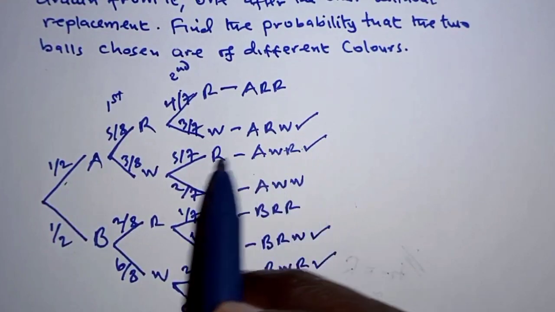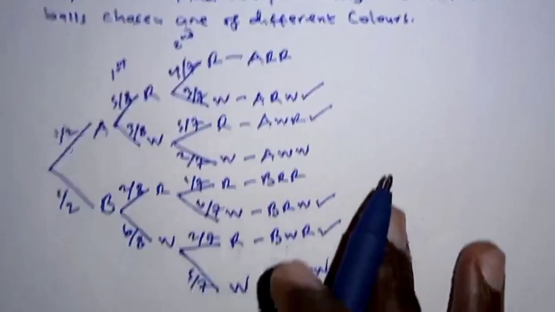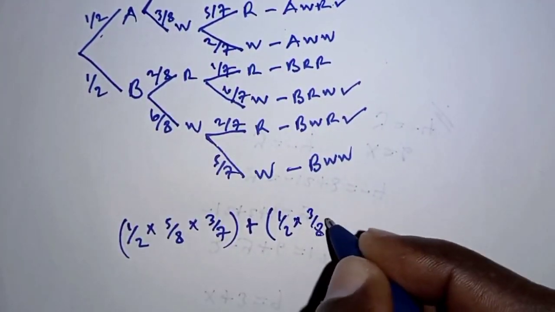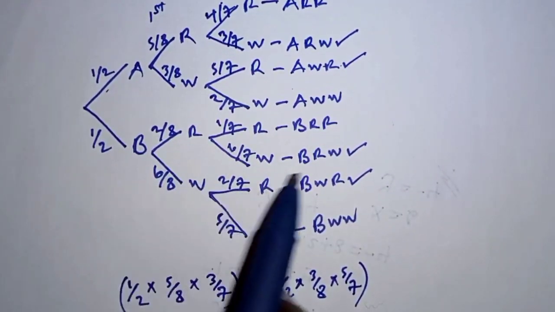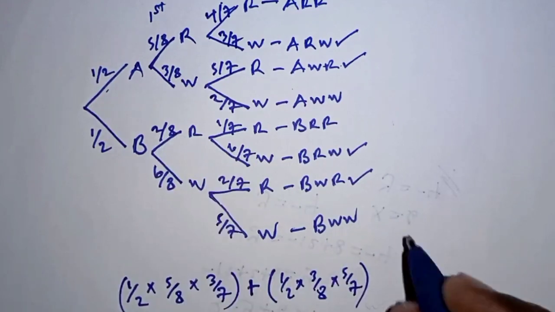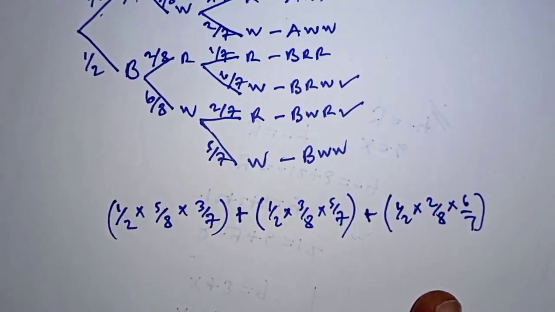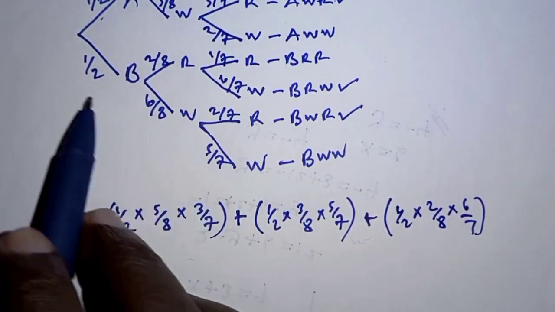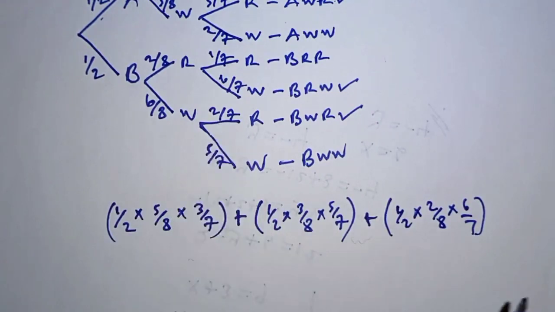Following the path for this, it's a half times 3/8 times 5/7. The next one we have for this a half times 2/8 times 6/7. And lastly, a half times 6/8 times 2/7.